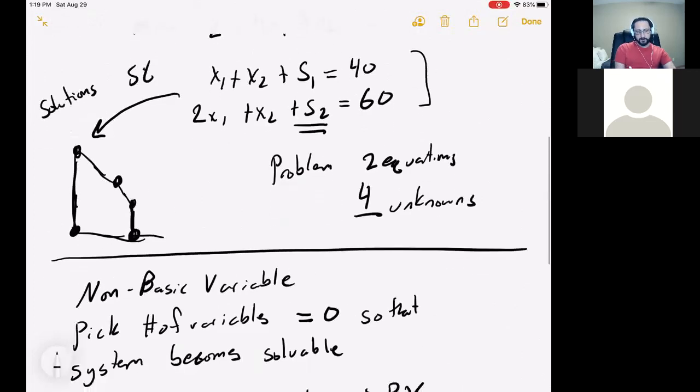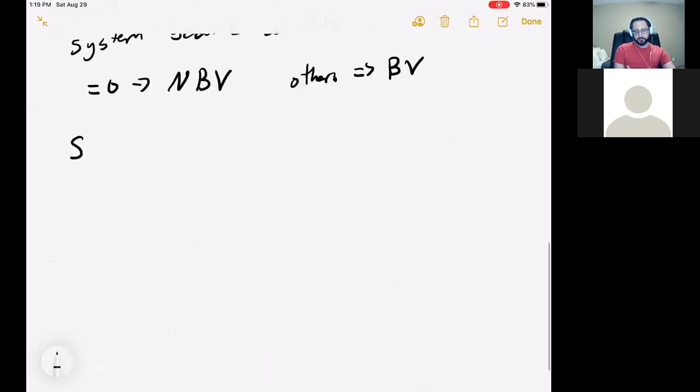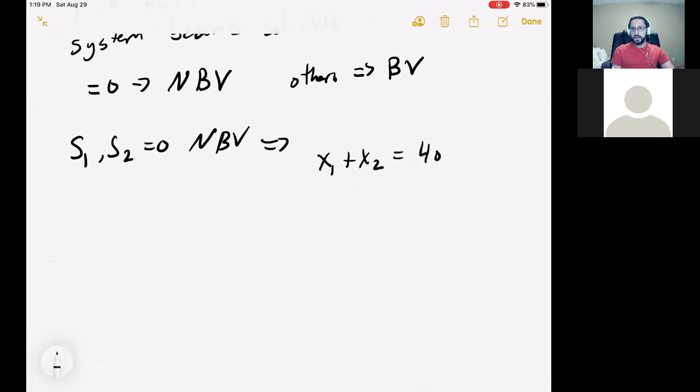So I choose to set s1 and s2 equal to 0 as the non-basic variables. That creates a system of equations that looks like this: x1 plus x2 equals 40, and 2x1 plus x2 equals 60.